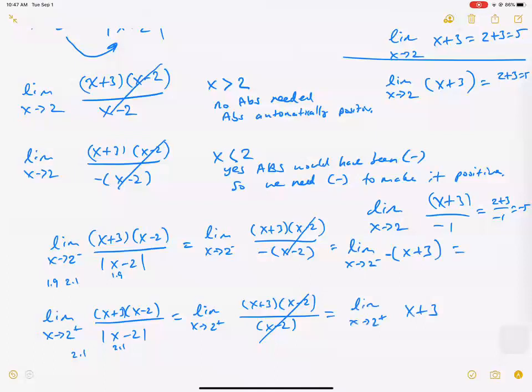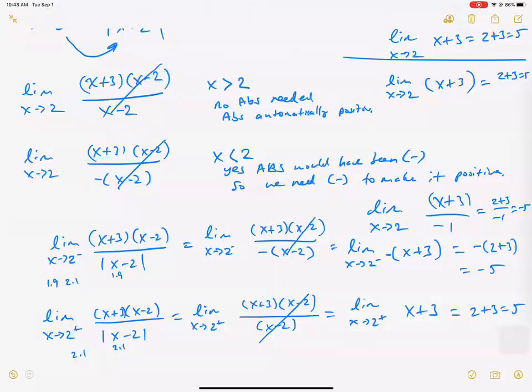We can now plug in the 2. Remember, that is not negative 2. This becomes negative, 2 plus 3 equals negative 5. And this equals 2 plus 3, which is 5.